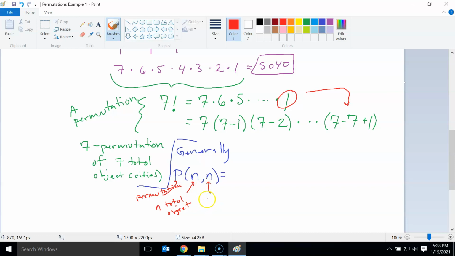The second number would be the number of objects to order or arrange.